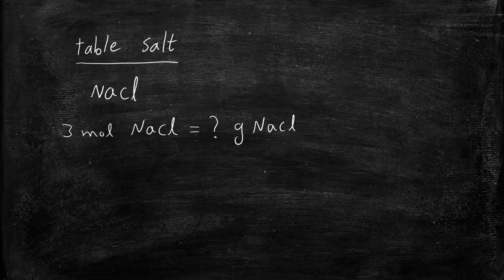First step is to find the molar mass of sodium chloride. So we refer to the periodic table. But on the periodic table, you don't find any compound. It's just all the elements that are listed there. So we need to individually find the molar mass of sodium and also the molar mass of chlorine, and then add them together. In that way, you find the molar mass of this molecule, NaCl.